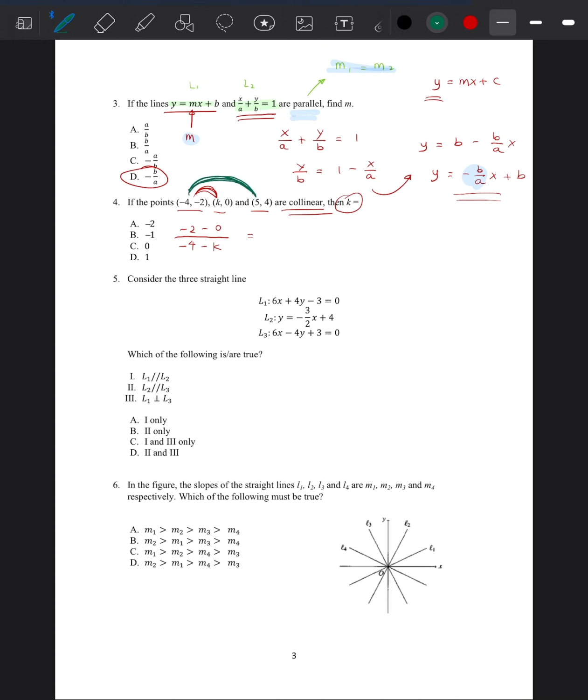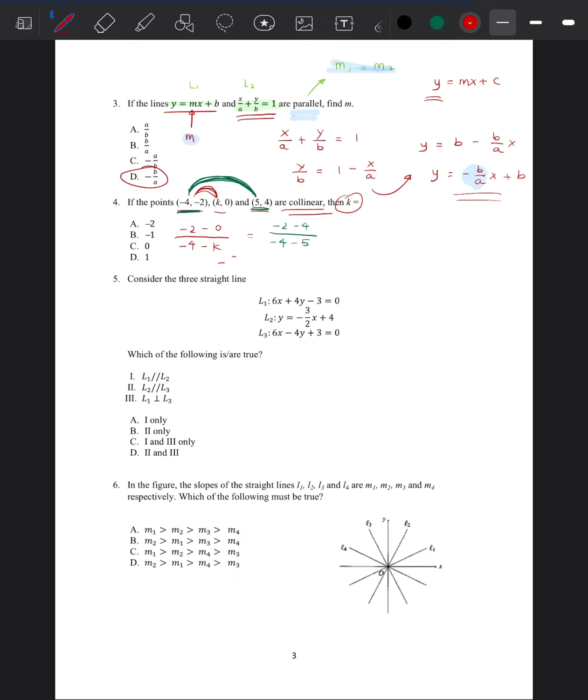So here, the y coordinate of these 2 points I'm doing for the right hand side, because it's collinear, so the slope is equal, so I just put an equal sign here. So the y coordinate minus 2 minus 4, and then the x coordinate minus each other. So you got this. Now you just have to solve it.